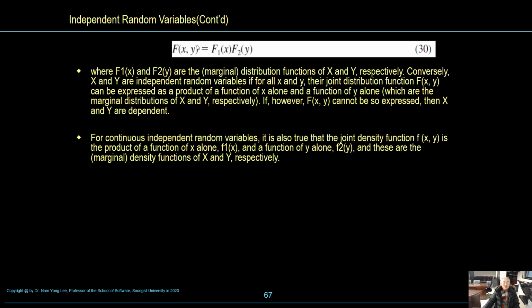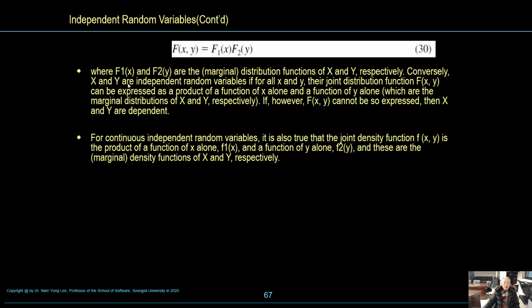Also, we can say F(x,y) is equal to F1(x) multiplied by F2(y), where F1(x) and F2(y) are the marginal distribution functions of X and Y respectively.